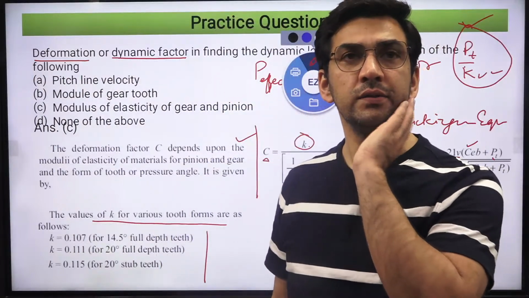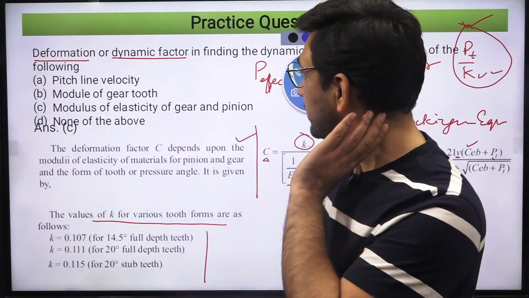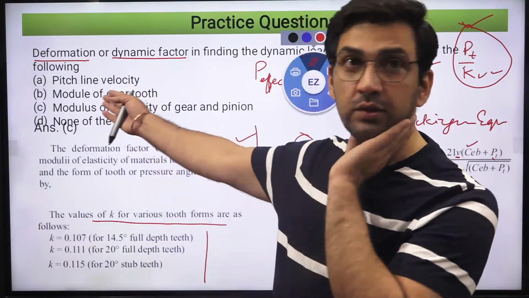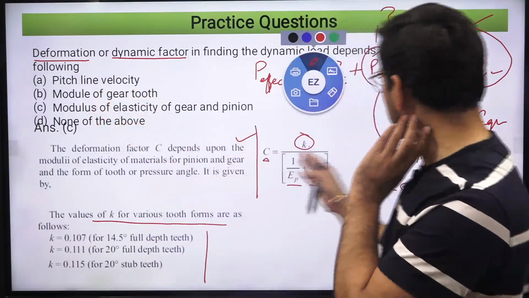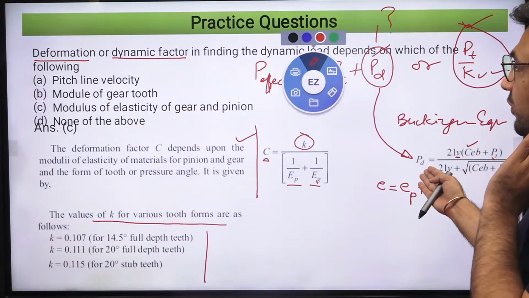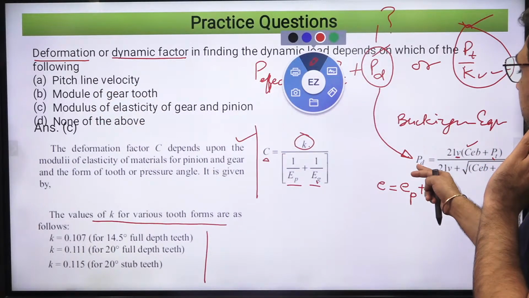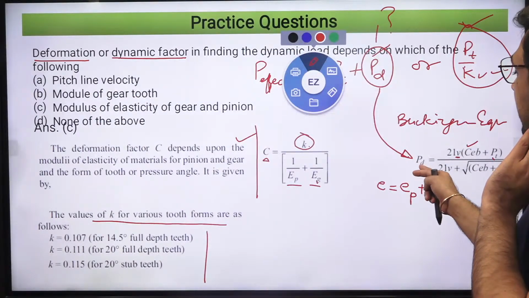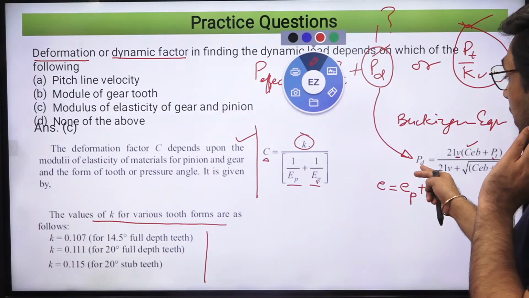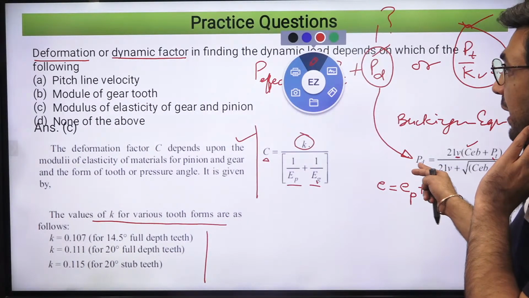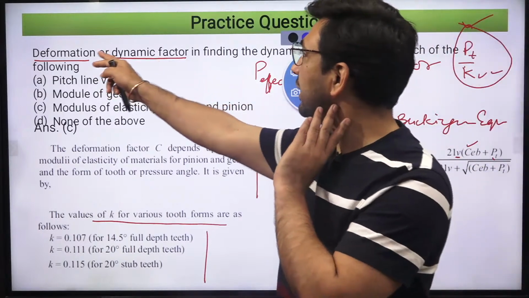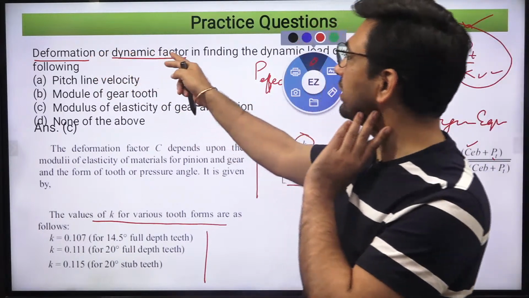Why is A wrong? Which one? This one. See, he's asking about C. He's not asking about the PD. Where did he ask about the PD? That PD is the dynamic load or additional load. Has he anywhere asked that additional load depends upon these? No.